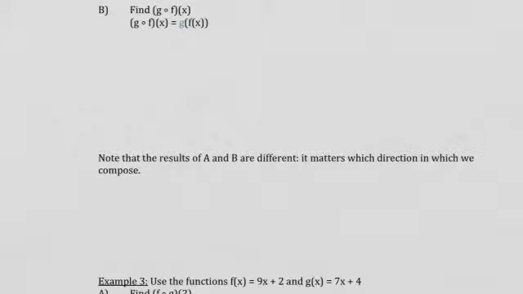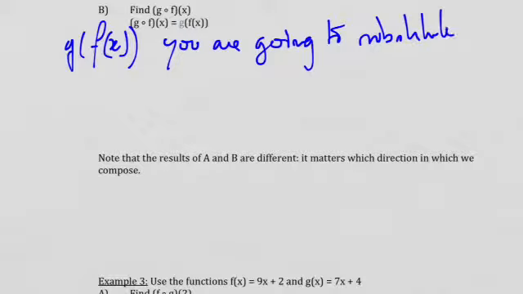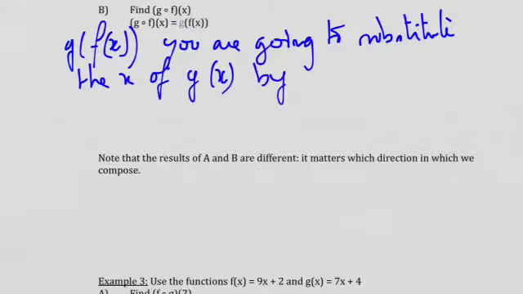The only thing I want to emphasize is reminding you that when you have g of f of x, you are going to substitute the x of g of x by f of x.